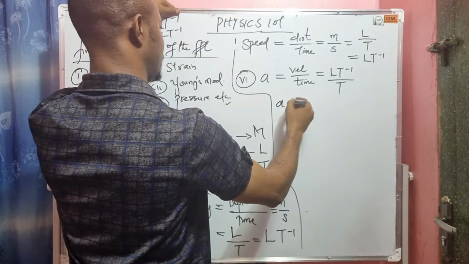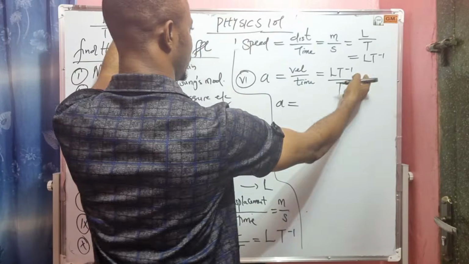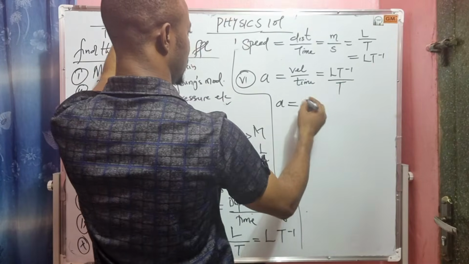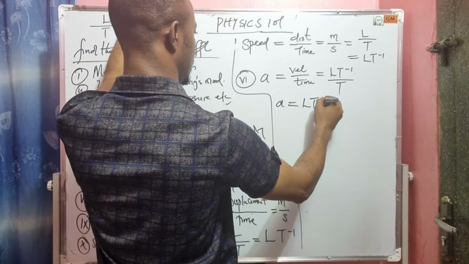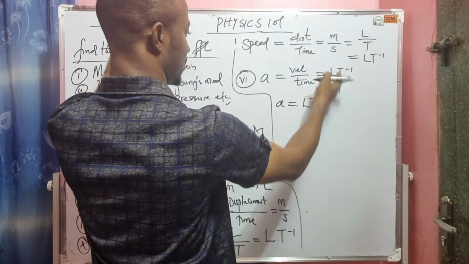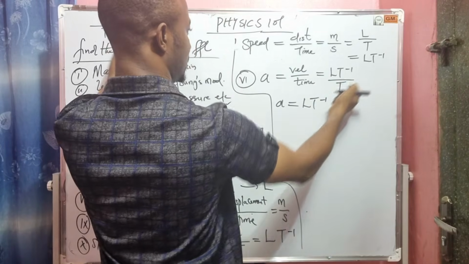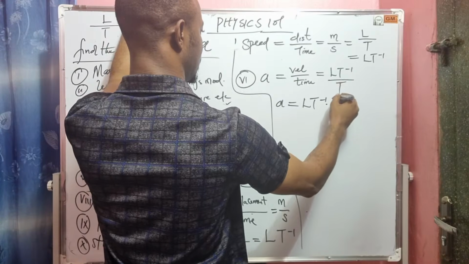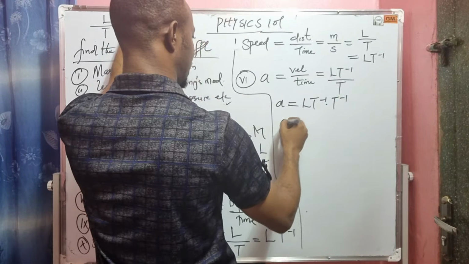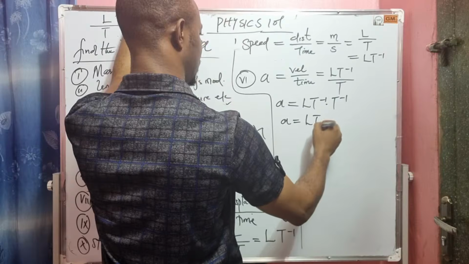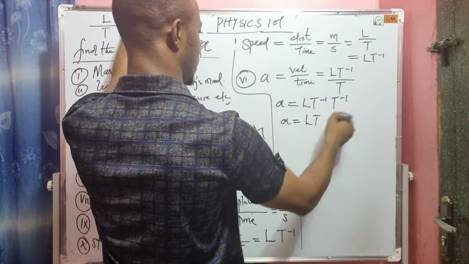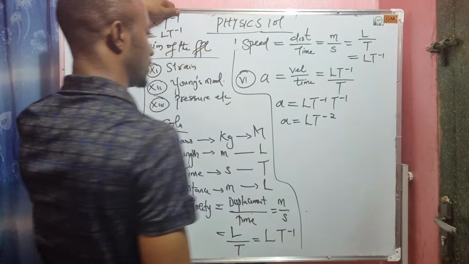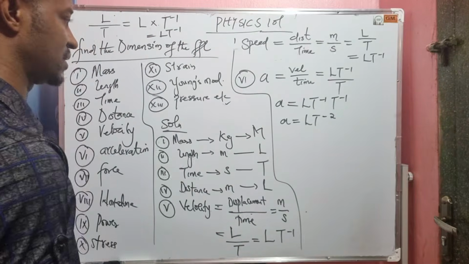So acceleration then becomes LT^-1 over T. When we move this up, it becomes times T^-1. So acceleration becomes LT^-1 plus -1, which is -2. So LT^-2 is the dimension of acceleration.